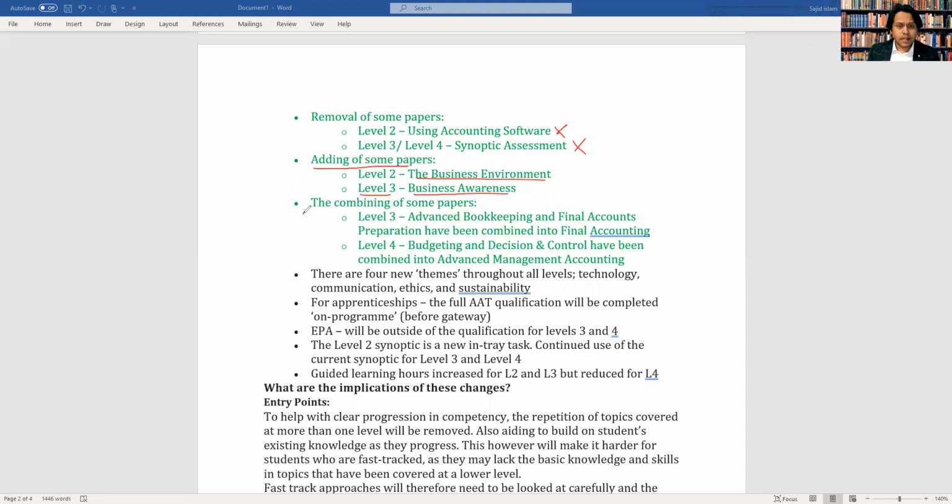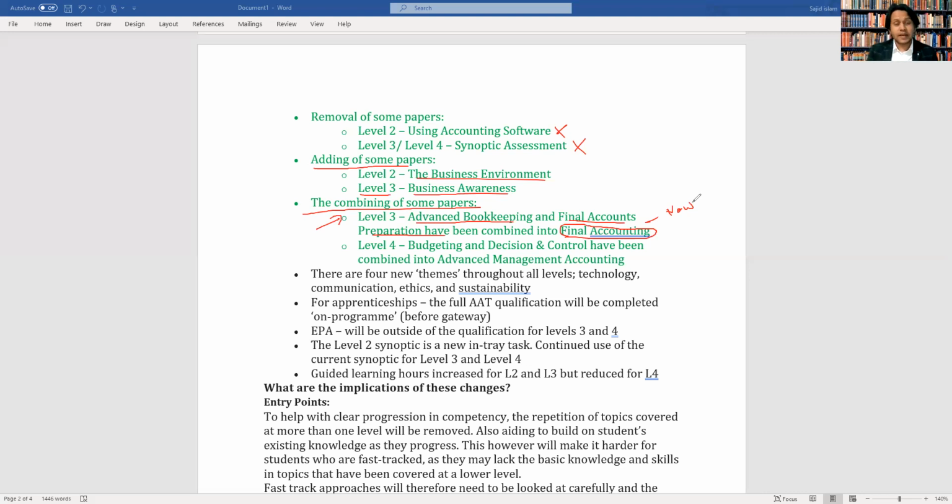There is also a combination of some papers, so two papers will become one. The first one is in level 3, where advanced bookkeeping and final account preparation will be combined into final accounting. So this is the new paper, final accounting, a combination of advanced bookkeeping and final account preparation.